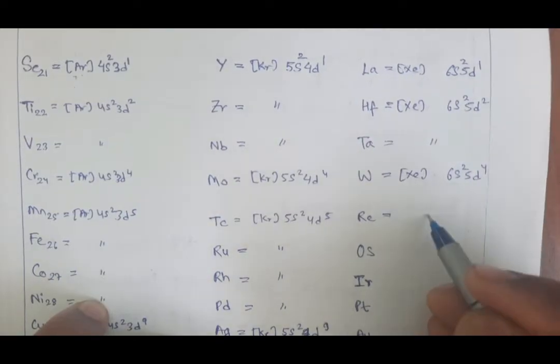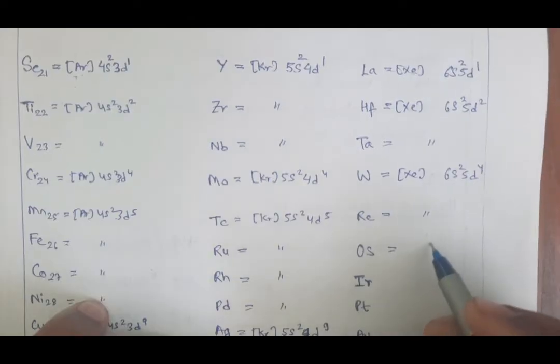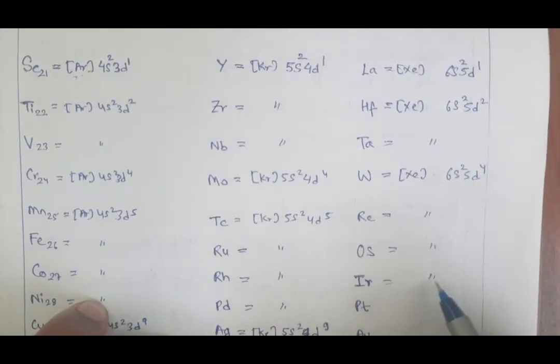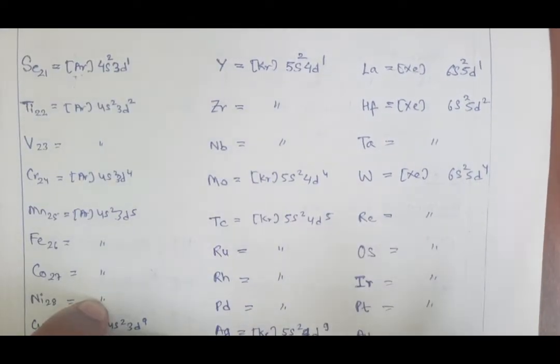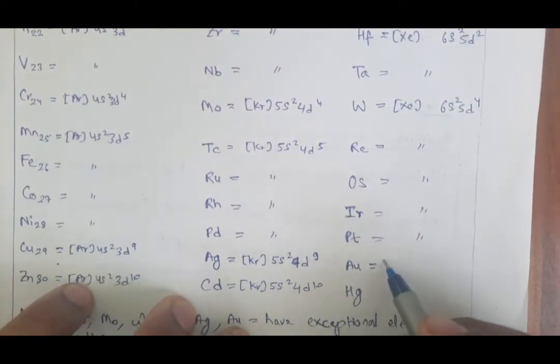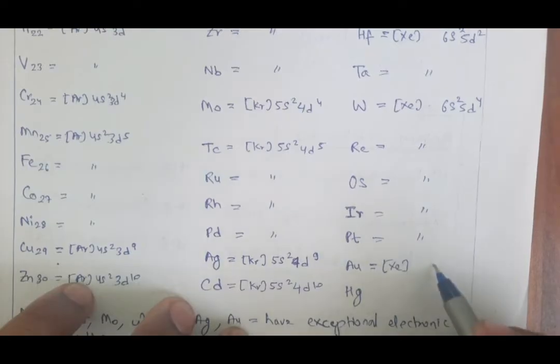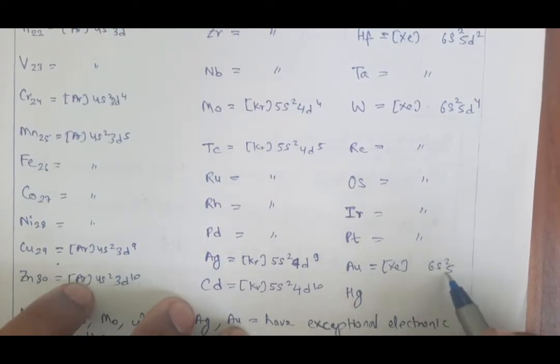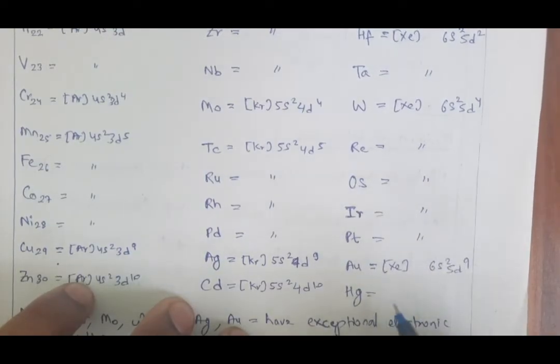When you do for this, it will become 5d5, 5d6, 5d7, then 5d8. Now when you go for this, it will become xenon 6s2 5d9, and finally when you do for mercury, it will be xenon 6s2 5d10.